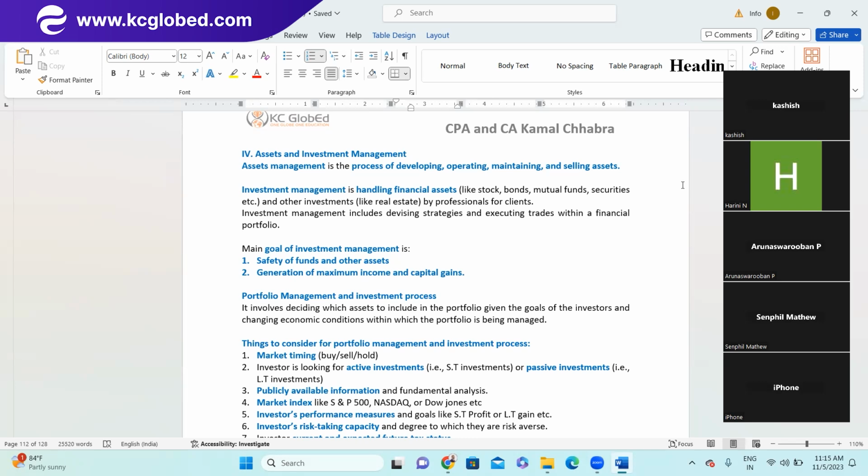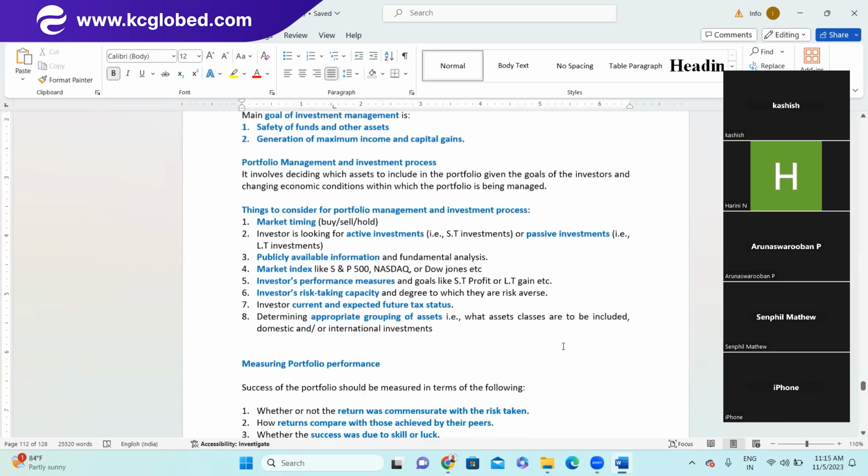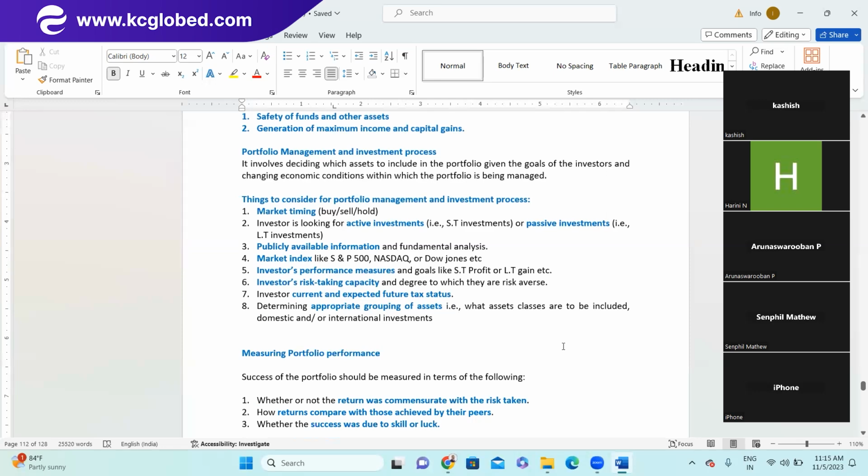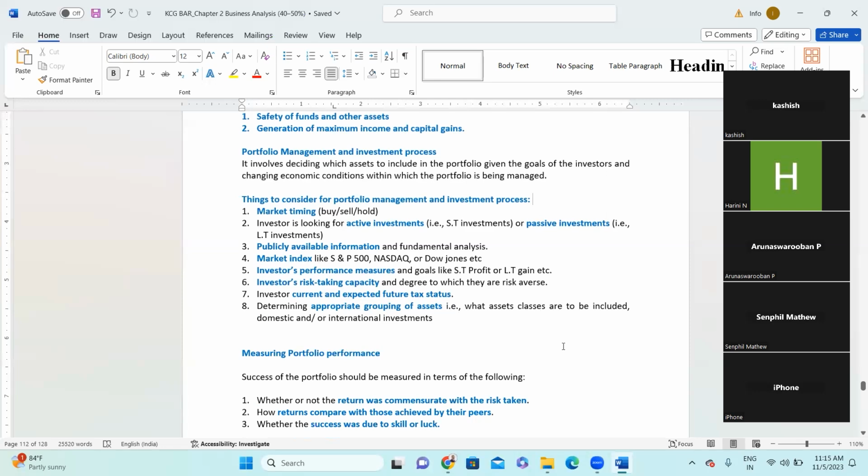So the portfolio management and investment process involves deciding which assets to include in the portfolio given the goals of the investor and the changing economic conditions within which the portfolio is being managed. For example, an individual may be an expert in, or have interest in, a particular domain. Normally in India, most people invest in real estate rather than stocks, shares, and mutual funds, right?